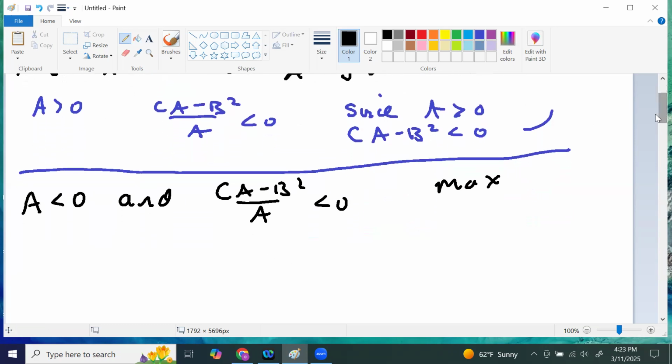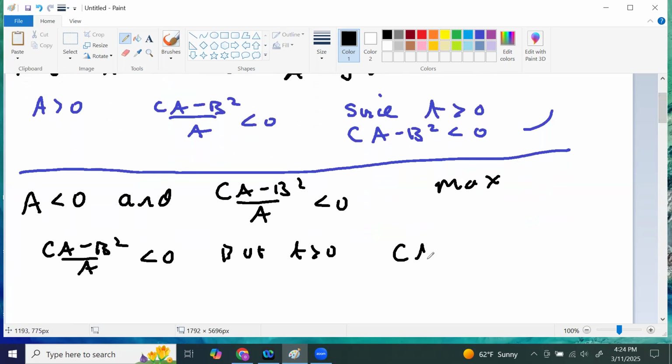But if this part right here is negative, but A is positive, that means the numerator must be negative. I'm sorry, must be positive, because these have to have different signs. For this whole thing to be negative, these two have to have different signs.